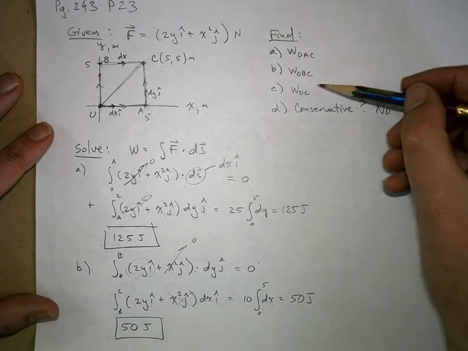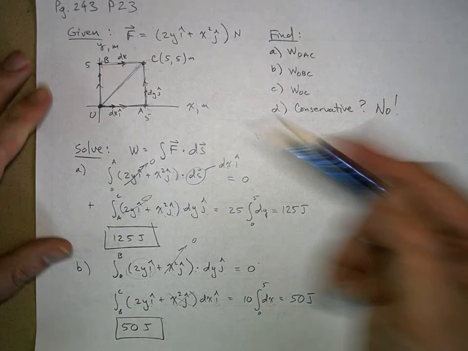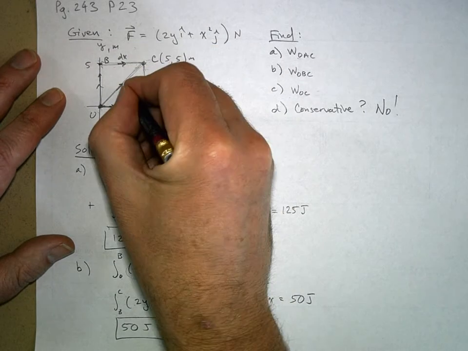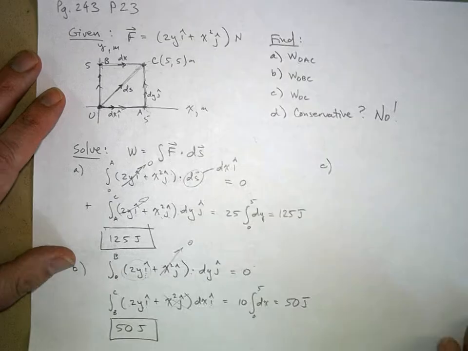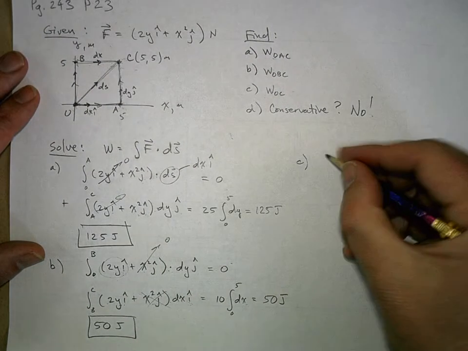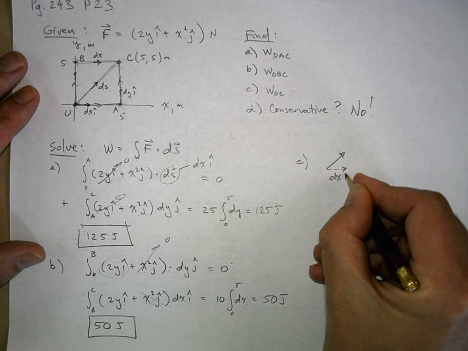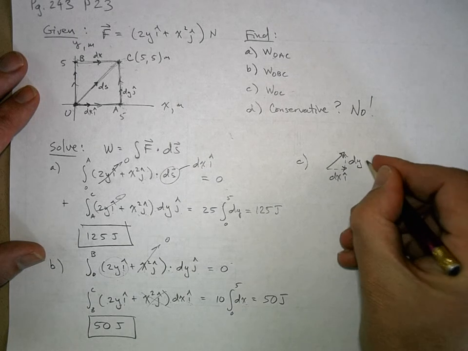So please write out in words, because the work depends on the path. Now, probably what you're most concerned about is part C. How do I do this? Well, here's a hint. Here's my ds vector. Let's look at ds. So this is part C. My ds vector has a dx in the I hat and a dy in the j hat.